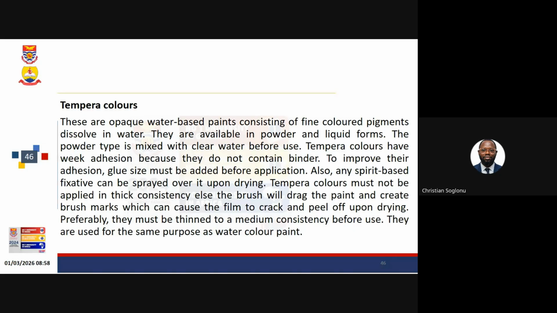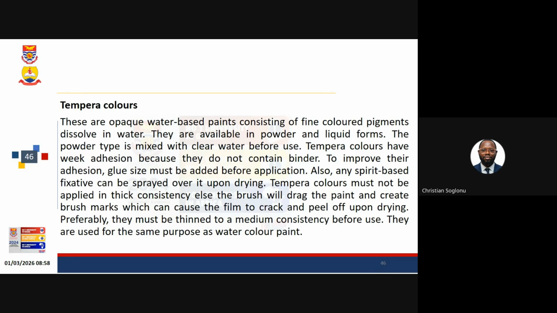Tempera colors must be applied in thick consistency, else the brush will drag the paints and create brush marks, which can cause the film to crack and peel off upon drying. Preferably, they must be thinned to a minimum consistency before use. They are used for the same purpose as watercolor.